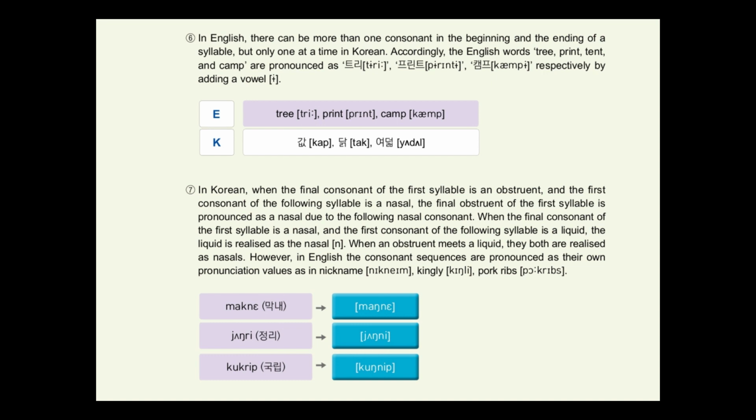So, looking at the words below in Korean, it's 막내, not 막내, 정리, not 정리, and 국립, not 국립. They're a lot easier to say that way, don't you think?